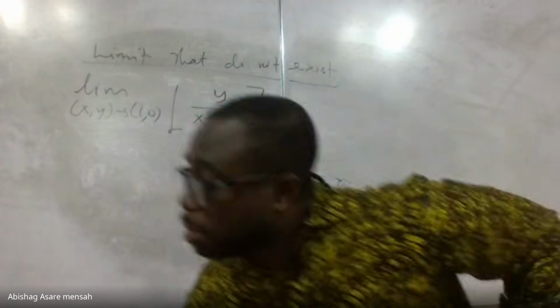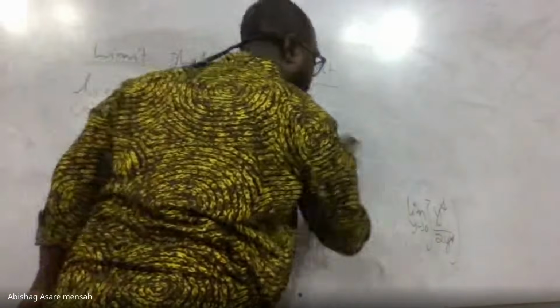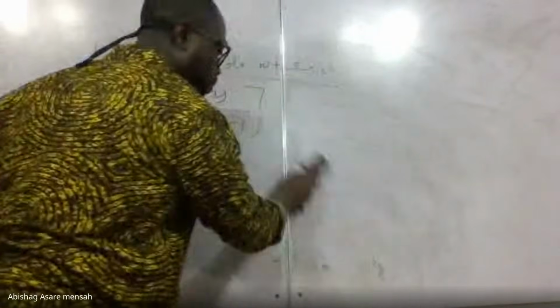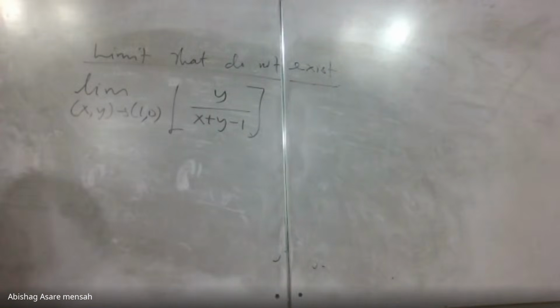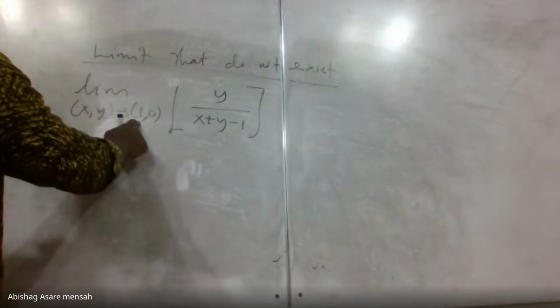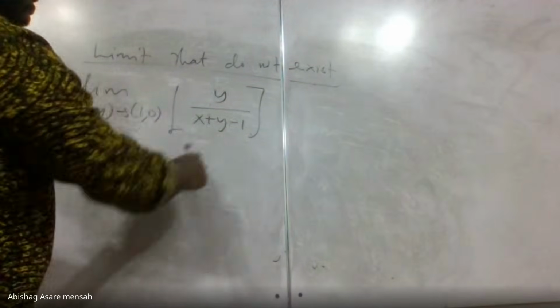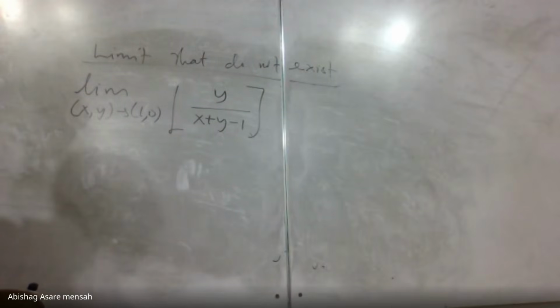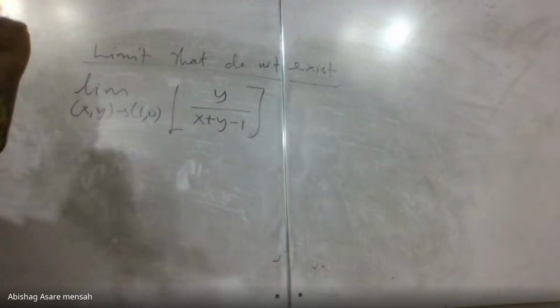Yes. So let's all do it together fast. So what do you have to do? You see that when you put this and that, you get 0, 0. So we have to do them gradually.